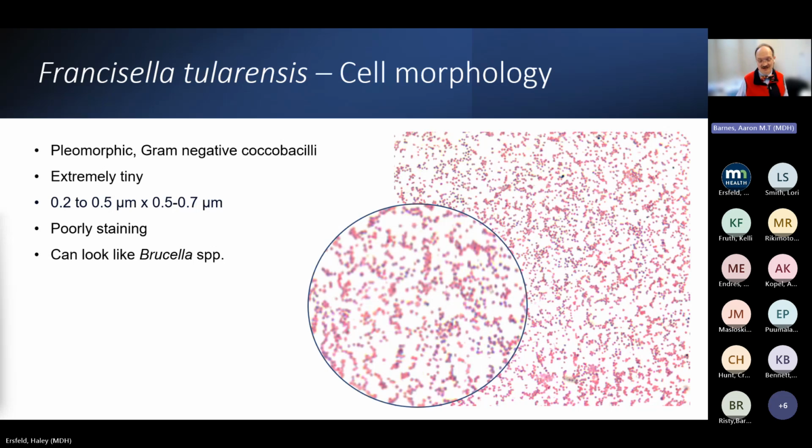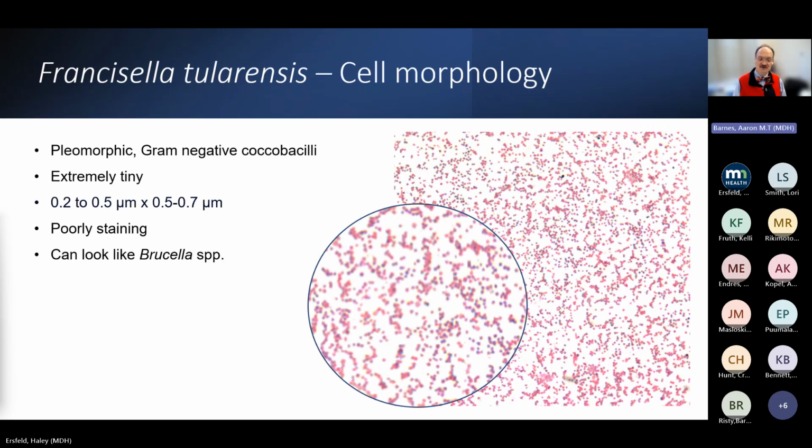But you also have to keep in your head, if you see something that's really tiny, a bunch of things that are sort of cocci or coccobacillary, but there's kind of a mix and they stain funny and you're not sure what the gram condition is here, pause and take a second and say, wait a second, could this be tularemia? Could this be Francisella tularensis? Because this is often the early warning sign.